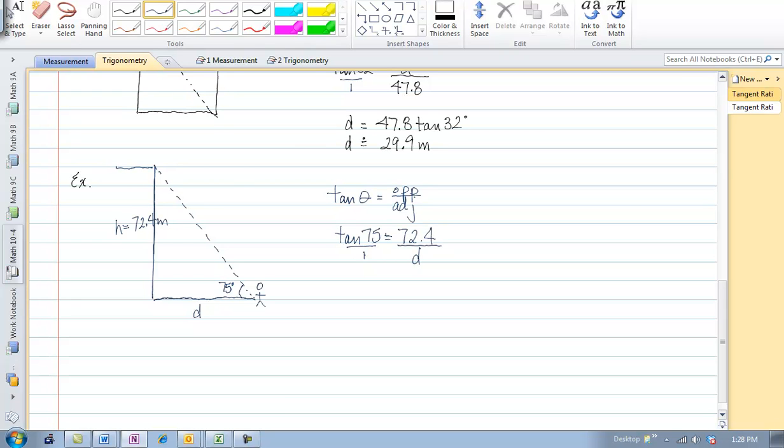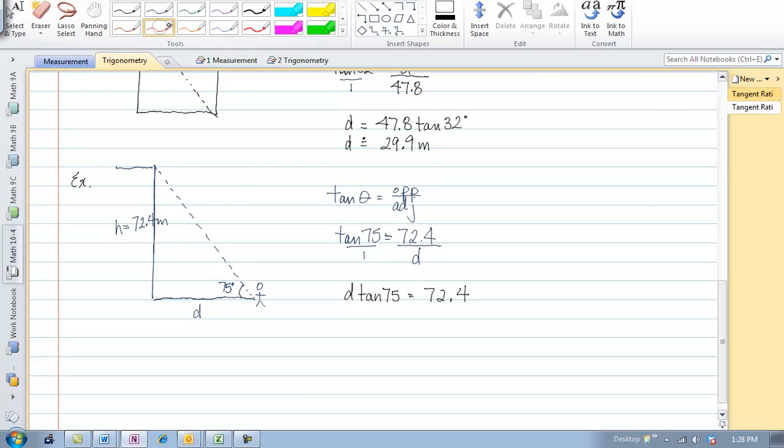When we set up our proportion, take a look. It's set up differently than our previous two examples. When cross products are equal this time, we can see that D times tan of 75 degrees will be equal to 1 times 72.4.